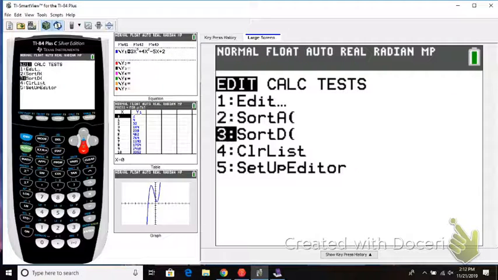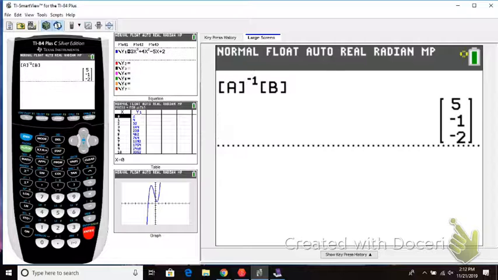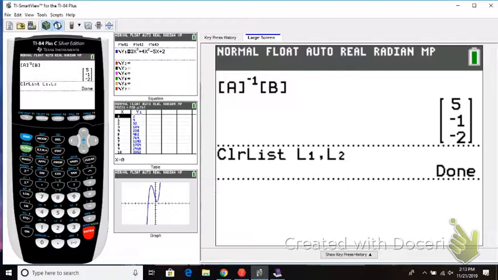So we're going to go down to clear list, hit enter, but remember you have to say what list you want to clear. L1, and then what do we put? Comma, L2. So we have clear list, L1 is second 1, and then the comma is above the 7, and then I have second 2. So this is what you should see on your screen right now. Everybody got it? Hit enter and it should say done, meaning I cleared my list.